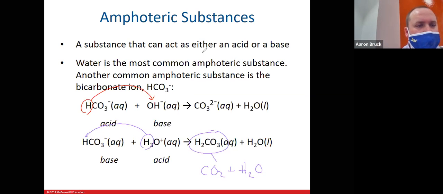So amphoteric substances. These are substances that have both acid and base properties to them. And what property shows up depends entirely on what the environment is. Put it in an acidic environment, it acts as a base. Put it in a basic environment, it acts as an acid.